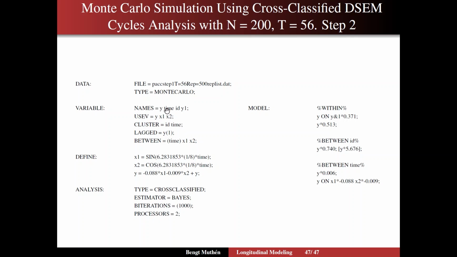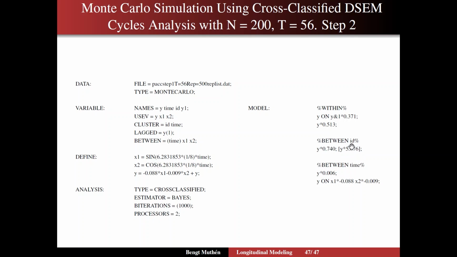So time here is the same as time here is the same as time here, and we generate y as the fixed coefficients times x1 and x2 plus the residual y that we generated in step 1. So this is a cross-classified analysis, and we specify then the within model, the between ID model, and the between time model.